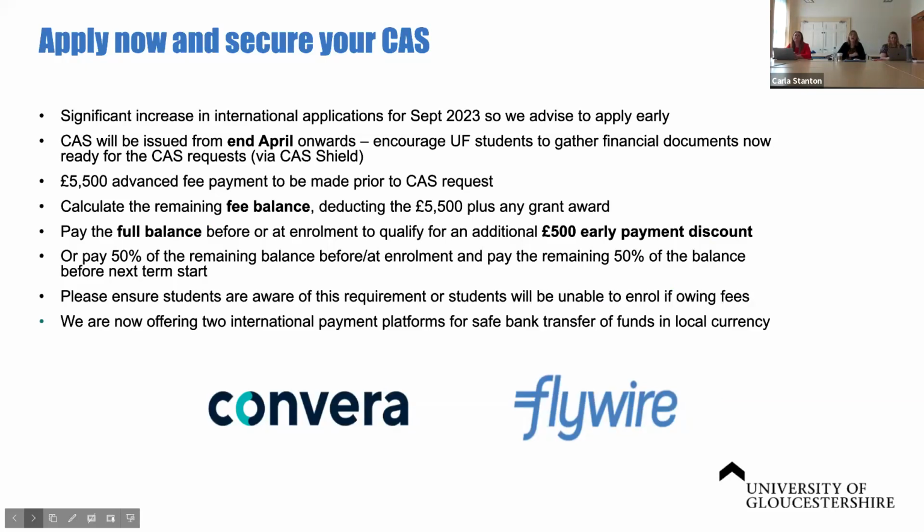In terms of the advanced fee payments or deposits that we require, we ask all students to pay a minimum of £5,500 as an advanced fee payment prior to their CAS request being considered by our immigration team.